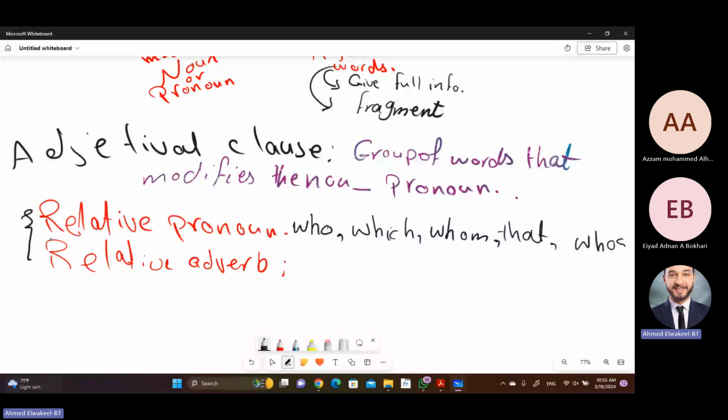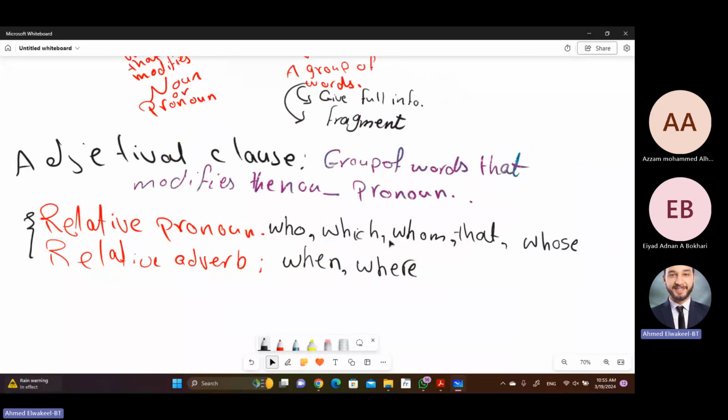The relative adverbs are when and where. Again, a relative pronoun like who, which, whom, that, and whose, and the relative adverb like when and where. So far, so good.